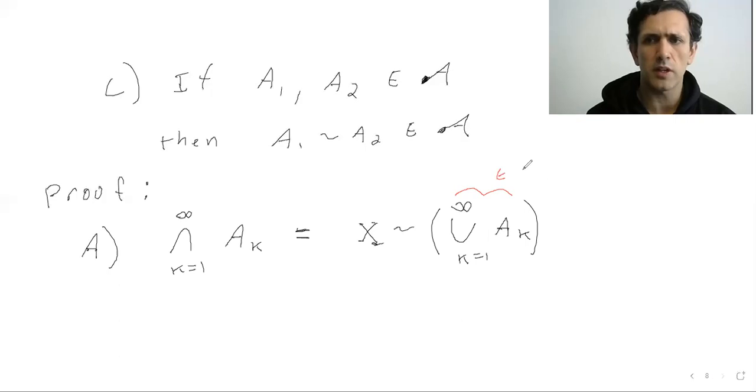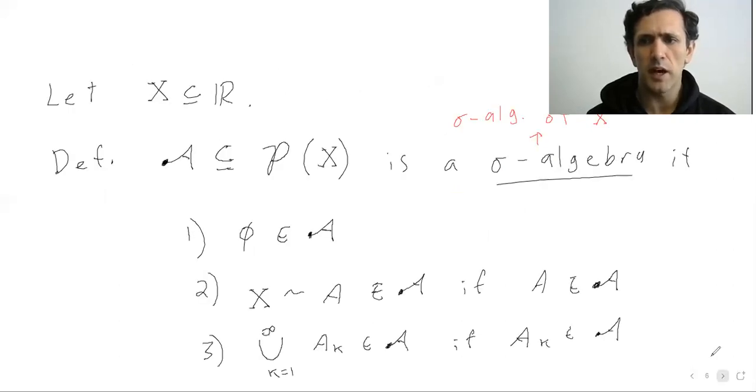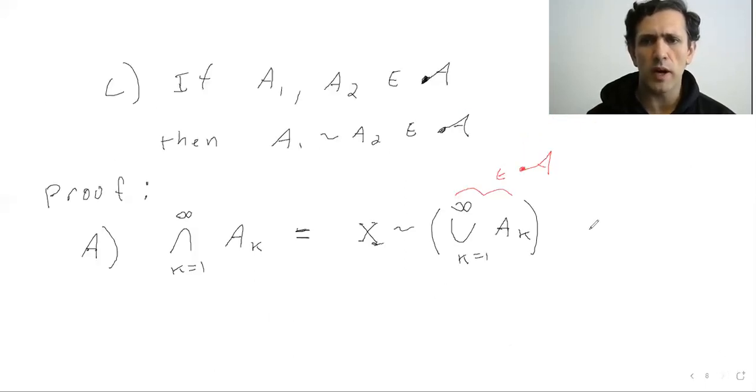So this countable union is still in script A, but we also know that we can take complements and we're still in script A. So that means this here is in script A. And from now on, I'm going to write this just using the superscript C, because it's kind of a pain to have to write X twiddle.